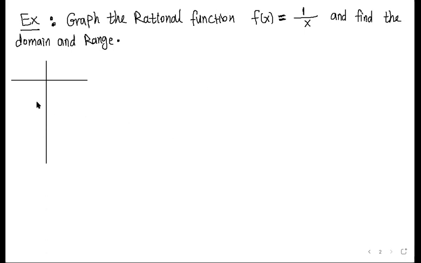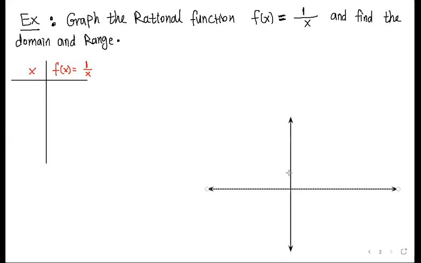I'm going to start from -2. Here is x, here's f of x equal 1 over x. As we learned before, we pick any points, plug them inside the function, and represent them in the xy coordinate. So let me here graph the Cartesian plane.